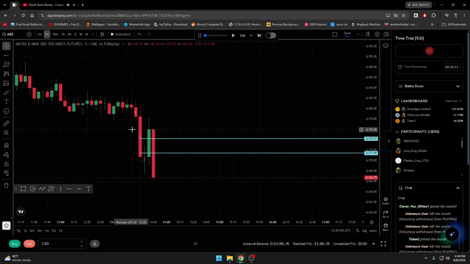So FVG, every entry, there's 3 of them. There's 3 entries, right? But your stop loss is always in the same spot, all 3 of them. So boom, got your first, second, third.